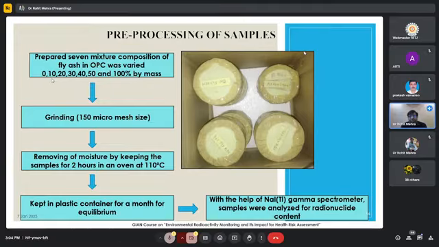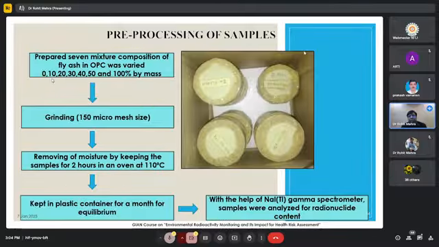Though commercially we don't get a 50% sample, PPC cement, which is available commercially in the market, contains a maximum of 40 to 45% fly ash. But we went up to 50% to get an idea whether increasing the fly ash concentration increases the level of radioactivity or not.